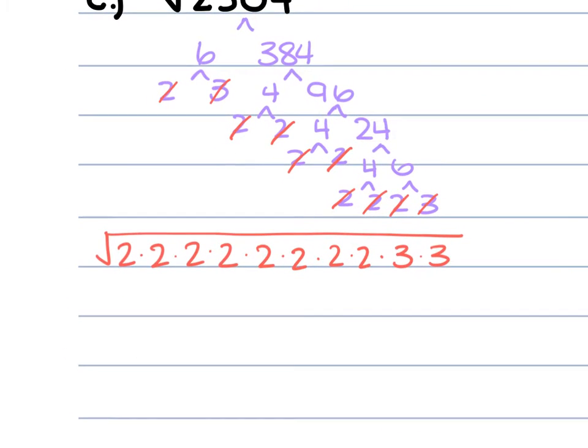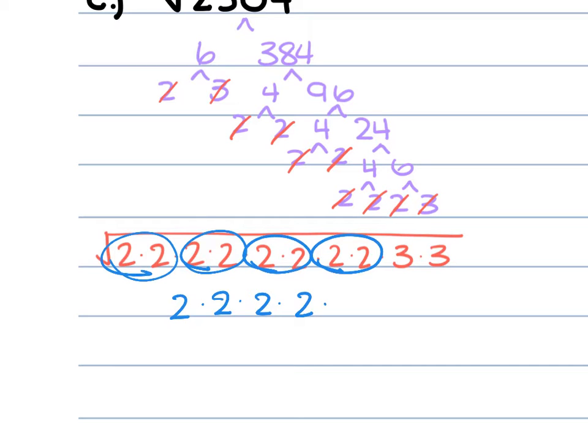So I'm going to start by grouping 2s. This is a group of 2, we pull 1 out. This is a group of 2, we pull another one out. This is a group of 2, we pull one more out. And then the last group of 2, we pull another one out. And then we have a group of 3, so we pull one of those out. And we multiply. 2 times 2 is 4, times 2 is 8, times 2 is 16, times 3, 16 times 3 is 48.